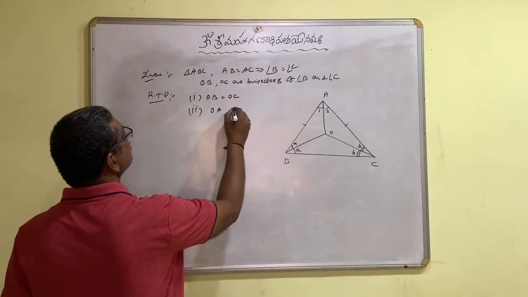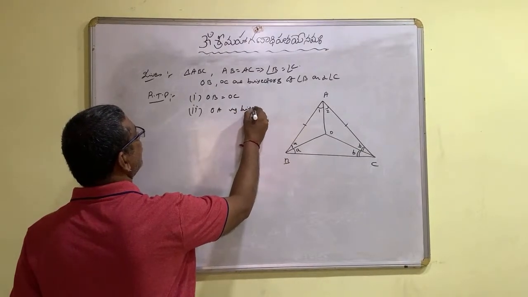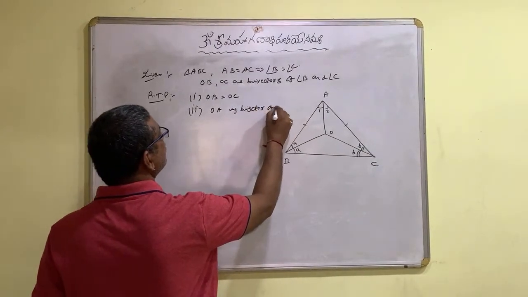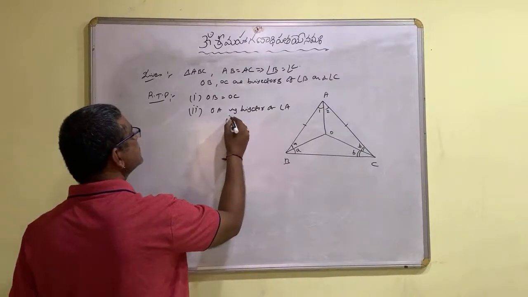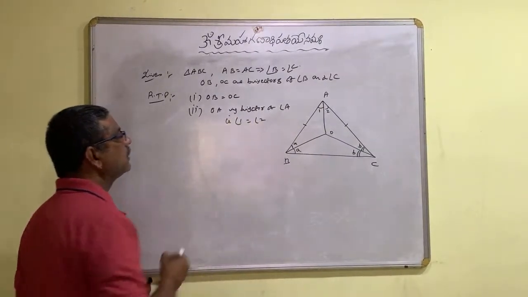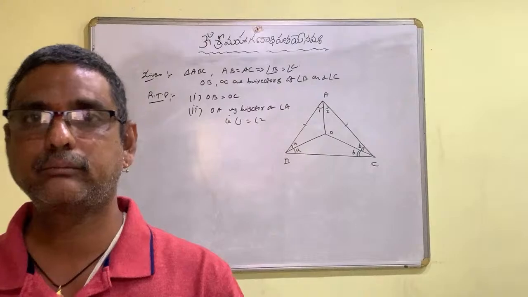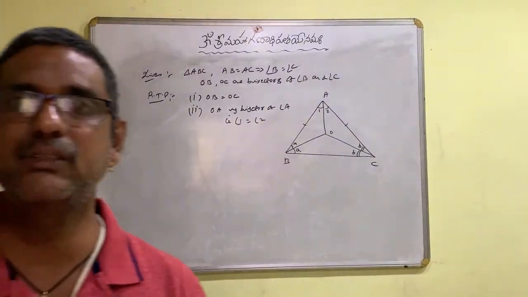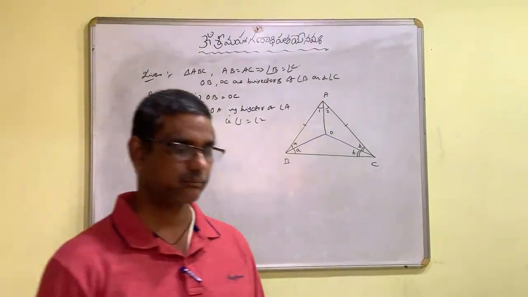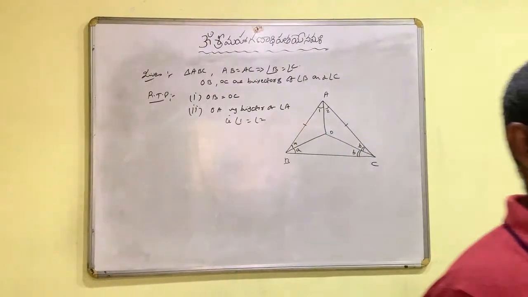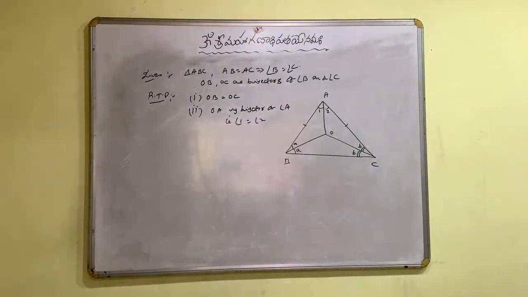OA is the bisector of angle A, that is angle 1 is equal to angle 2. So, given, required to prove. I wrote it.